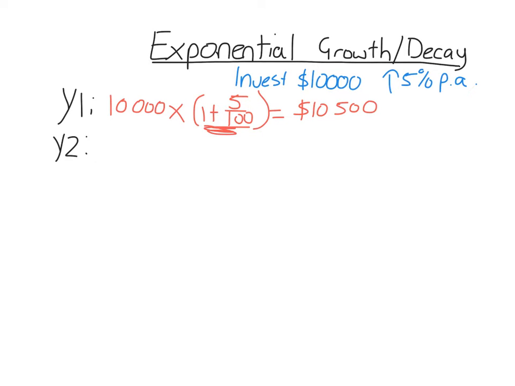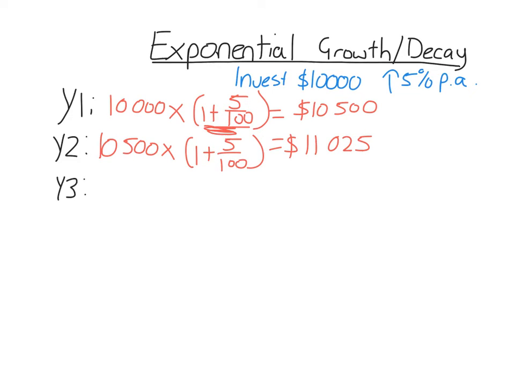Now in the second year, I take the amount I had, 10,500, and I'm going to increase it by 5%. So again, finding 105% of it. So 10,500 is now $11,025. So this will increase by $525. Now I could do the same in year 3. Start with what I had, 11,025, and I want to find 105% of it or increase it by 5%.